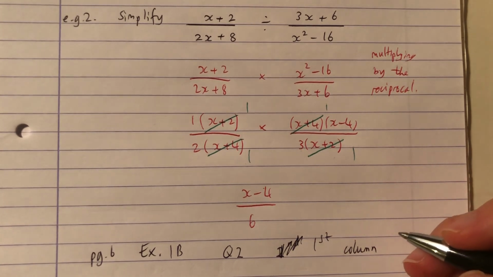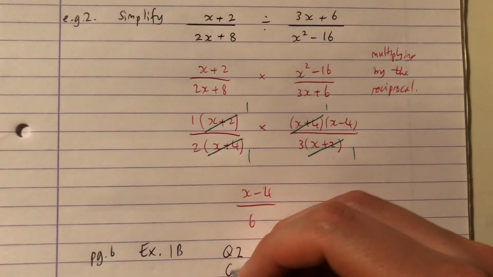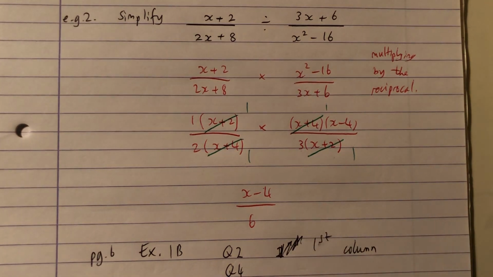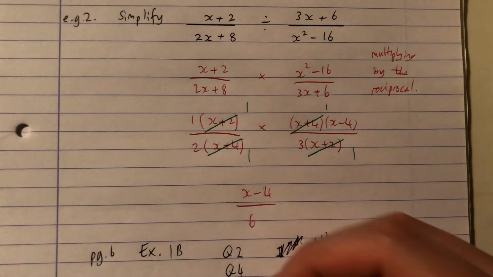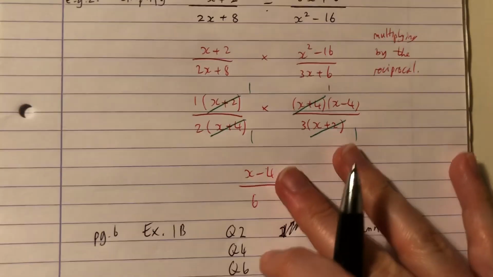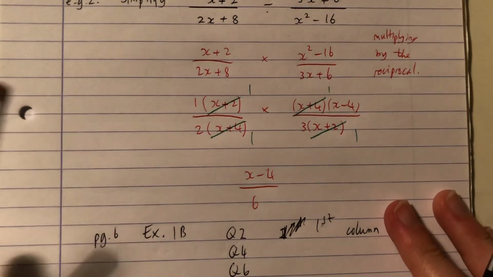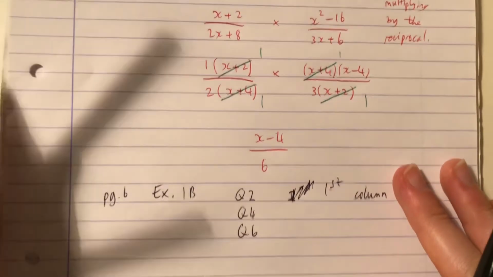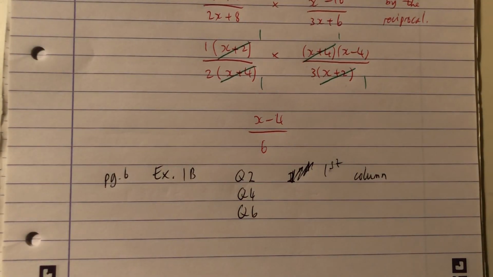Then let's go for question 4. And then finally question 6. Probably could have just said evens and that would have been a lot quicker. But question 2, first column, question 4 and question 6. And that is it.